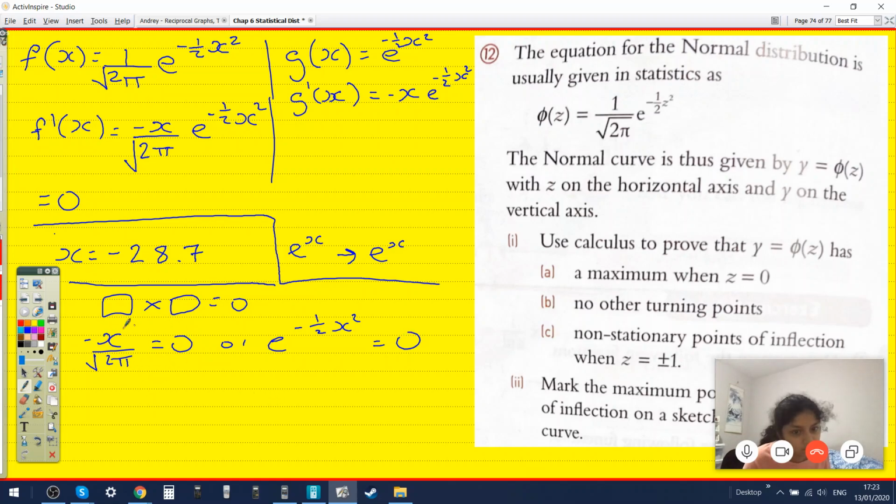Any idea about the first one? If x was 0, then that whole thing would just be 0. So x has to be 0. Or, how about this one? How do we solve this? This is what we needed when z equals 0.